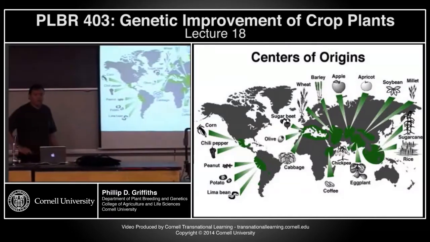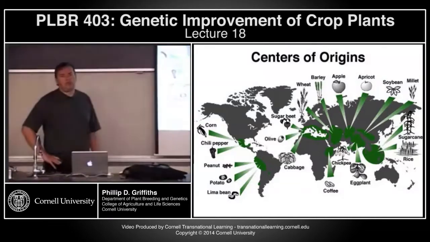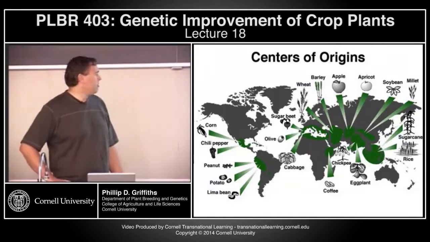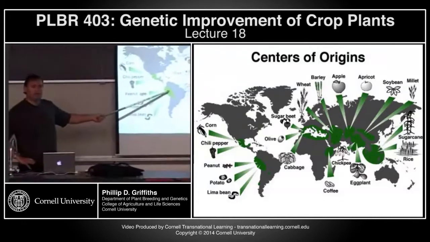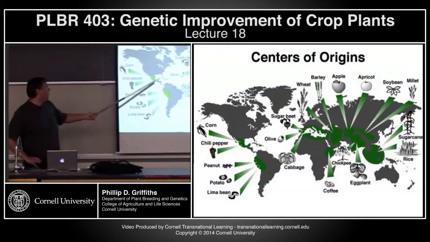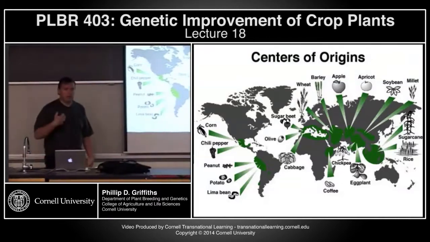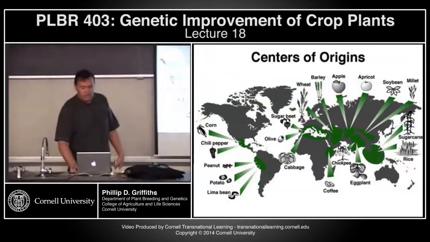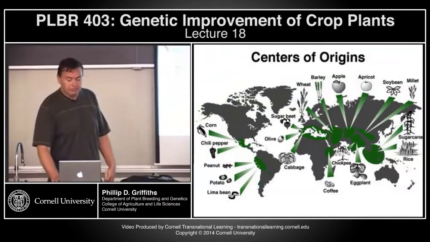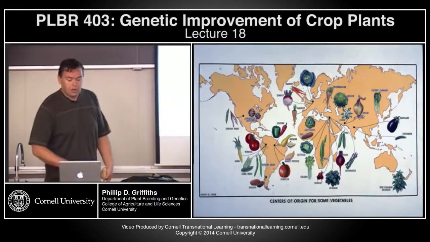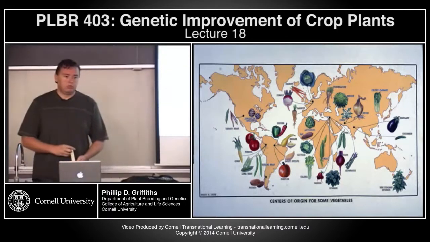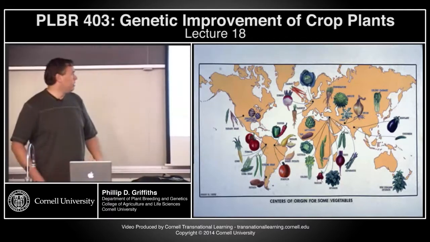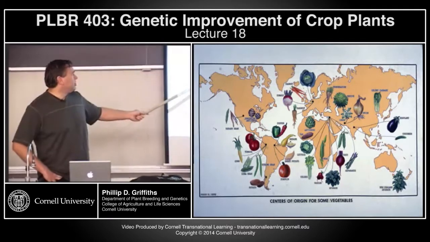And you can see where some of the origins of crops are based around the globe from this. For instance, in the Andean region, we have crops such as potato and peanut as their origin. And in the Middle American region, we have crops such as corn and chili peppers. So these were new crops that were added to the world's, or at least the old world food supply around the 1500s.